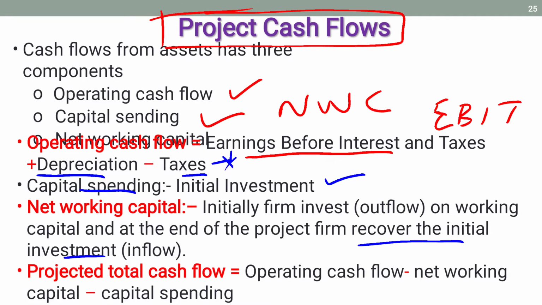Say for example, you are buying an asset, that is a capital spending, but the investment in that asset is not enough. Why? In order to run that asset in production day by day in a short period, you need money to make some other expenses, where you will invest this working capital.